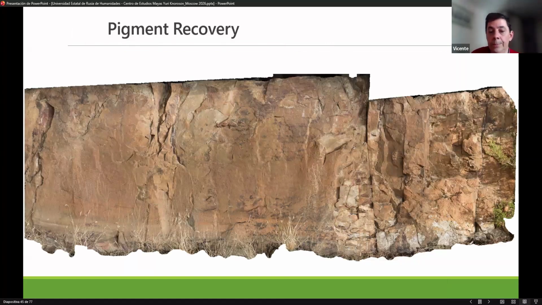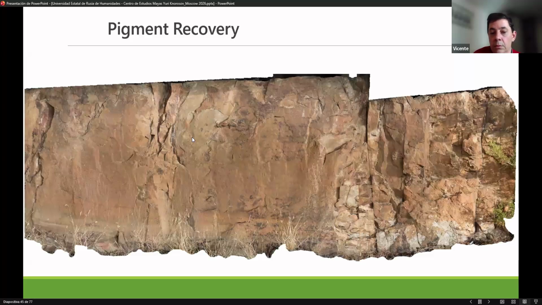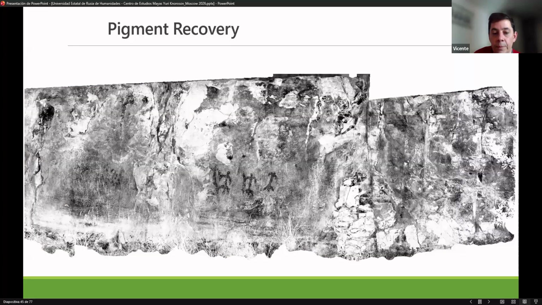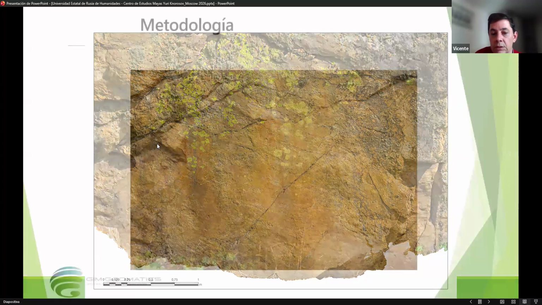This is what you see when you apply remote sensing. These people appear that are very difficult or almost impossible to see. This is a place we went to document this. This is an anchor man, and what we found was this.